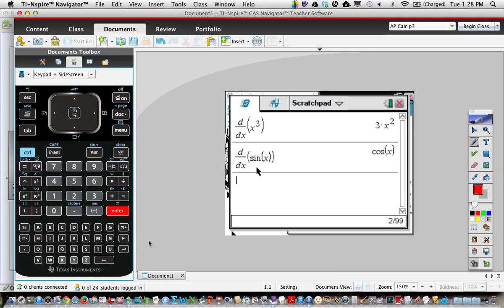It was x cubed times sine of x. And you can see it is not just the individual derivatives. Yep. Now you might see a pattern there, maybe not. But anyway, we'll deal with that later on. All right.